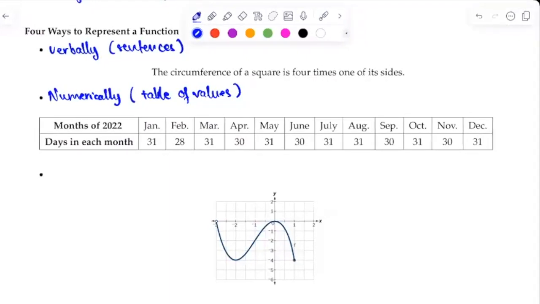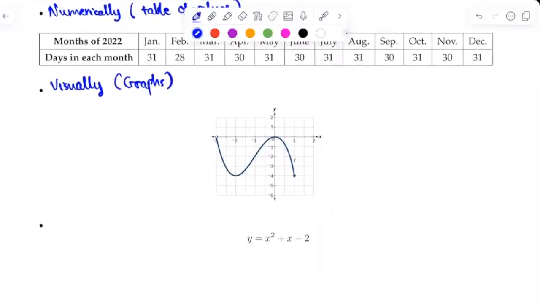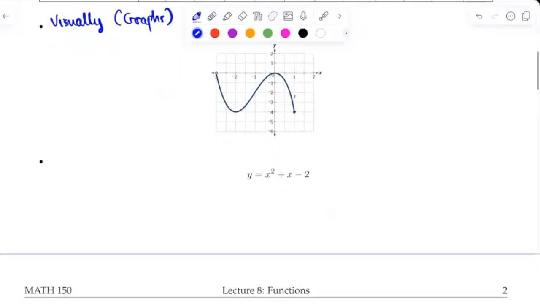The third way is visually, using graphs. Okay, so you have seen graphs a lot so far in your math career, and eventually if you continue with mathematics, physics, or any of the STEM majors, you're going to see a lot of graphs as well.